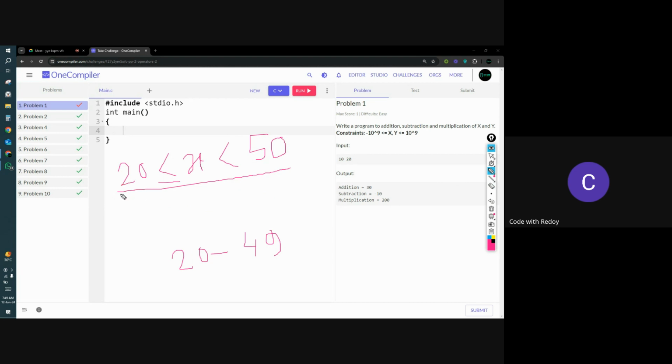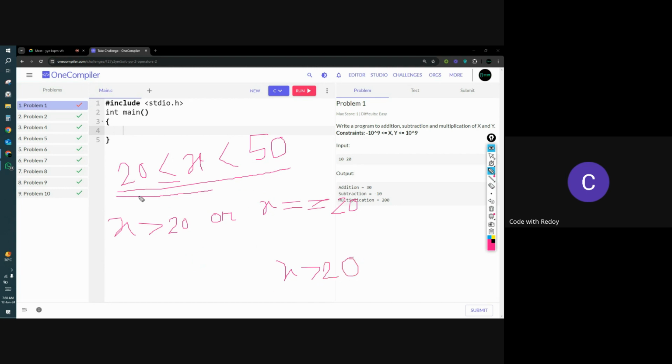Now this part can be written like x greater than 20 or x equal to 20. Is it clear? Yeah. Previously this part was x greater than 20.